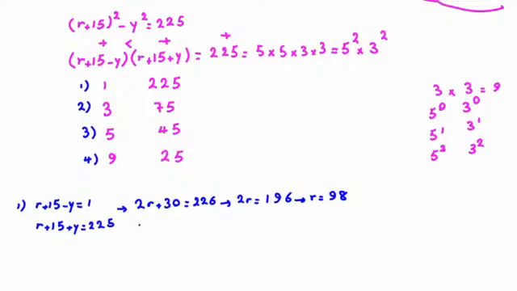Because R is 98, so 98 + 15 - Y is 1. Okay, so we can conclude that 98 + 15 is 113, minus Y is 1. So Y is 113 minus 1, 112.